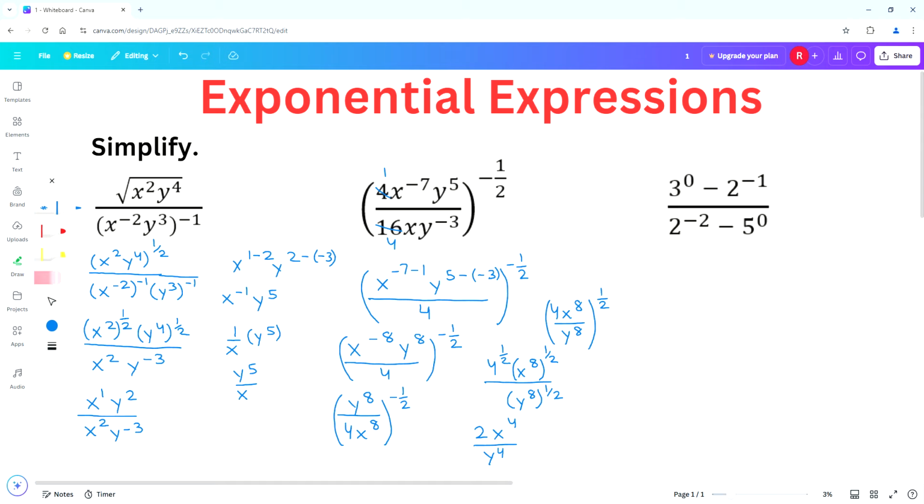Now we can analyze the third expression. 3 to the power 0 minus 2 to the power negative 1 over 2 to the power negative 2 minus 5 to the power 0. As you may know, any term to the power 0 is equal to 1. So 3 to the power 0 is equal to 1. In the numerator, the exponent on 2 is negative 1. We can make the exponent positive by moving 2 to the denominator.